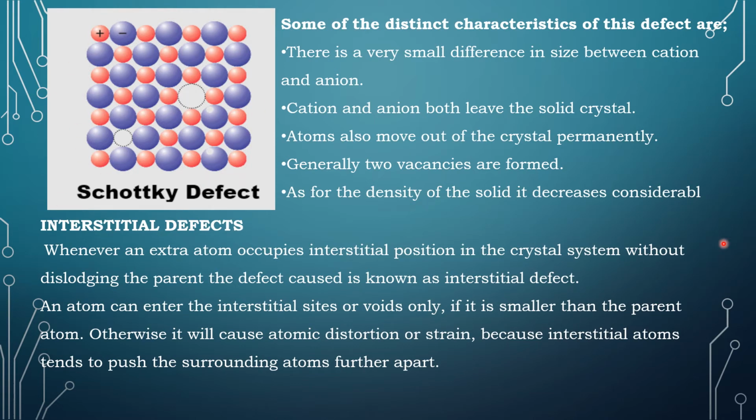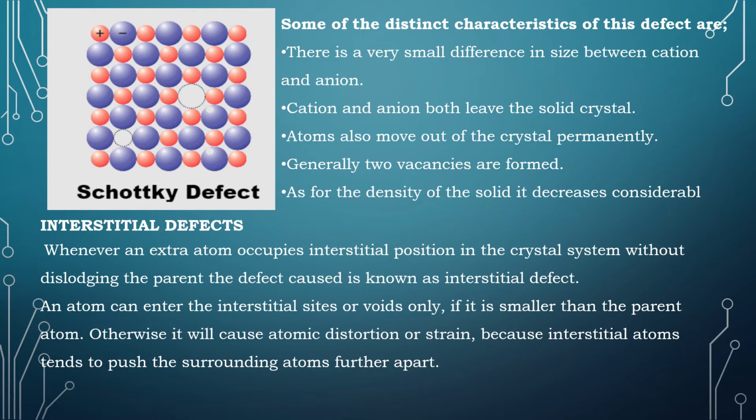Okay, right. The next one is interstitial defects. So whenever an extra atom occupies interstitial positions in the crystal system without dislodging the parent, the defect caused is known as interstitial defect. An atom can enter the interstitial sites or voids only if it is smaller than the parent atom.